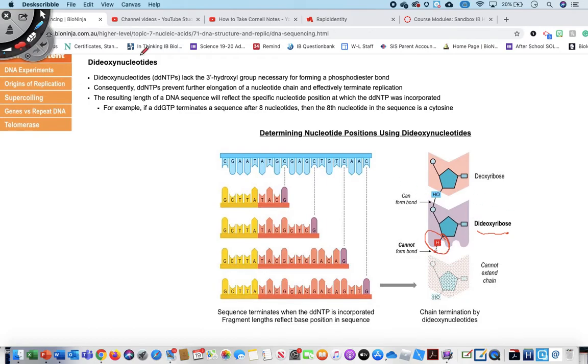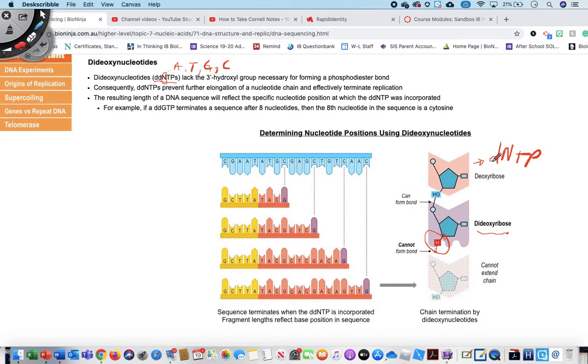Okay, so these ddNTPs, the nucleotide can vary in base. It could have an A for a base, or a T, or a G, or a C. As opposed to your regular deoxynucleoside triphosphates, this is what your regular nucleotide would look like, and this is what we call just your regular dNTP.